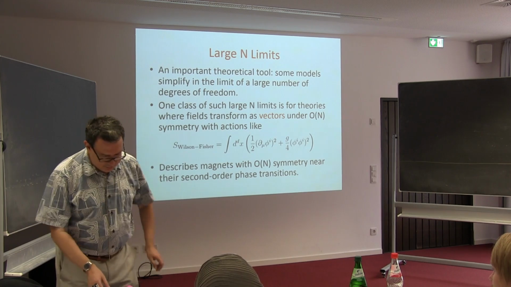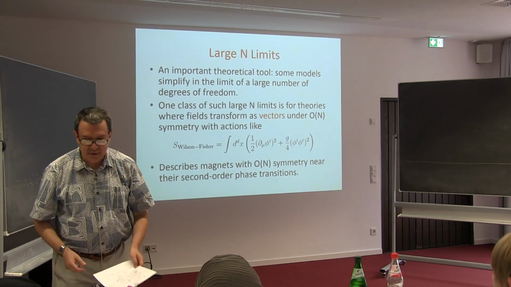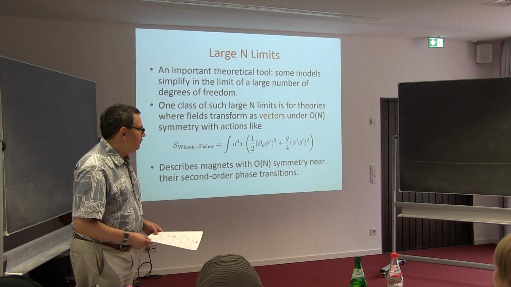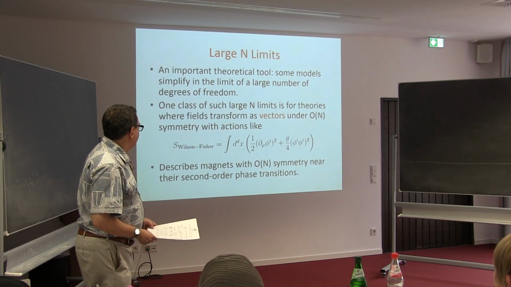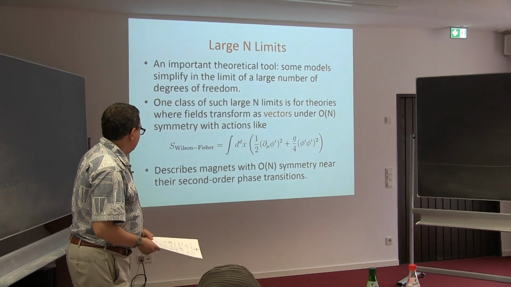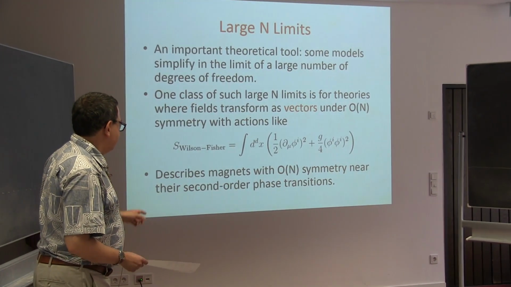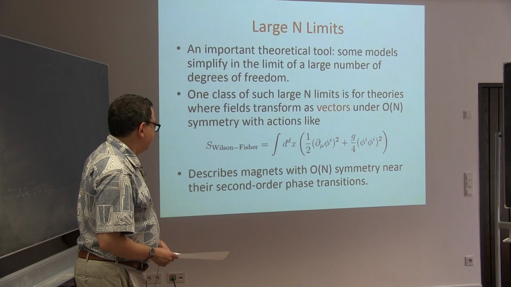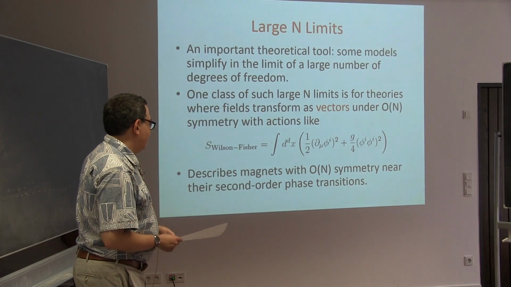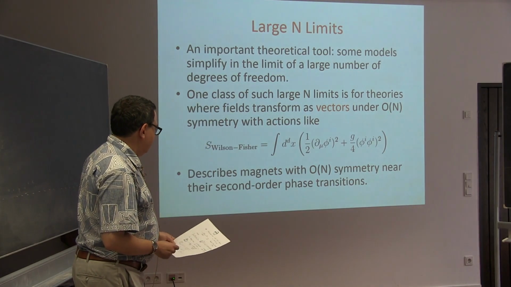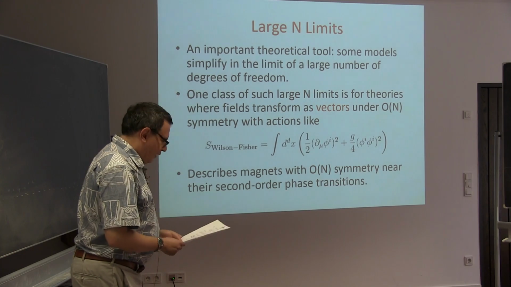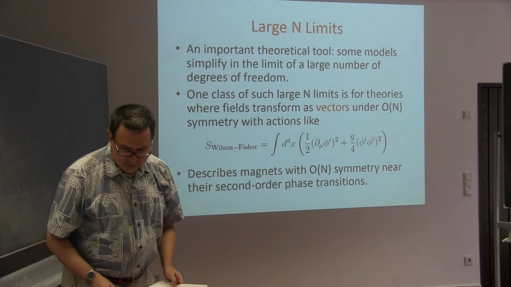So I started the discussion of large N limits with these so-called vectorial theories, where you have the so-called O(N) vector model, described by O(N) invariant phi-4 theory with this phi_i squared Lagrangian.